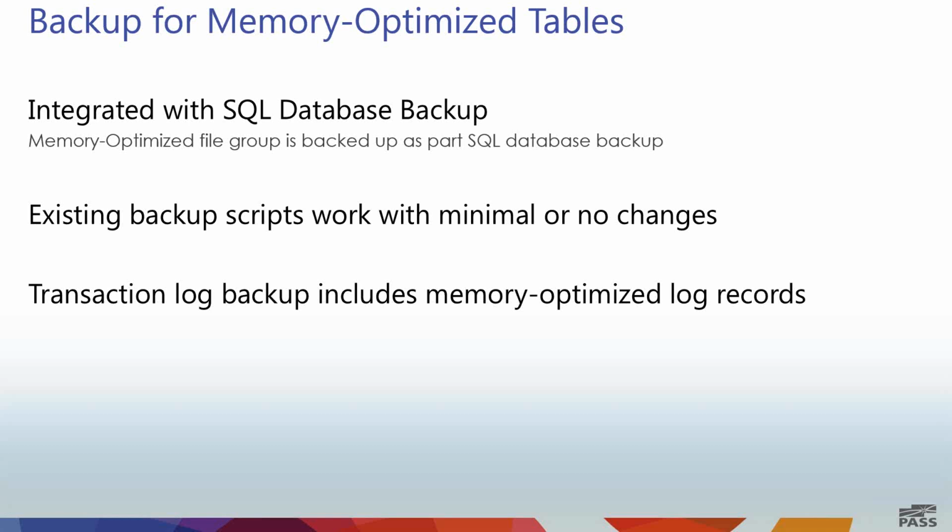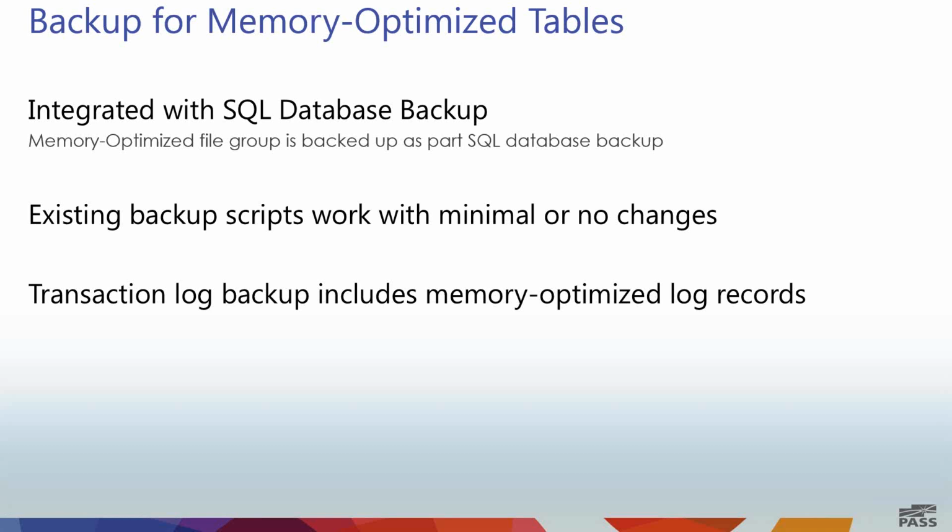This means that your existing backup scripts should often work without any changes, or maybe minimal changes to account for placement of the file group on a database restore. That's something you do need to keep in mind. Finally, the log records for memory optimized tables are simply persisted in the database transaction log, so they are automatically included in transaction log backups.